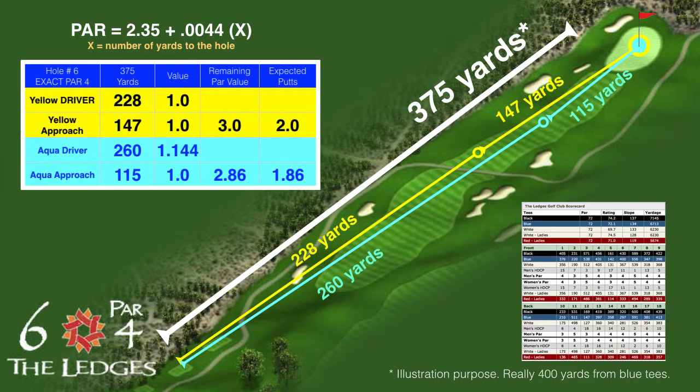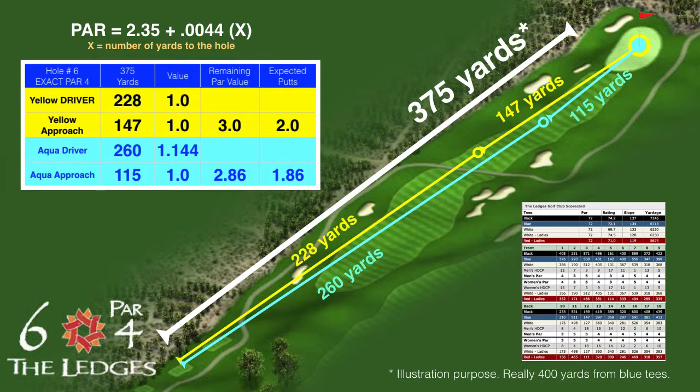If you hit a driver 228 yards into the center of the fairway, the remaining distance of 147 yards to the center of the green becomes exactly a par 3 from that spot. Should you play the hole another day and hit a driver and it travels 260 yards, it makes a better contribution than the previous one.